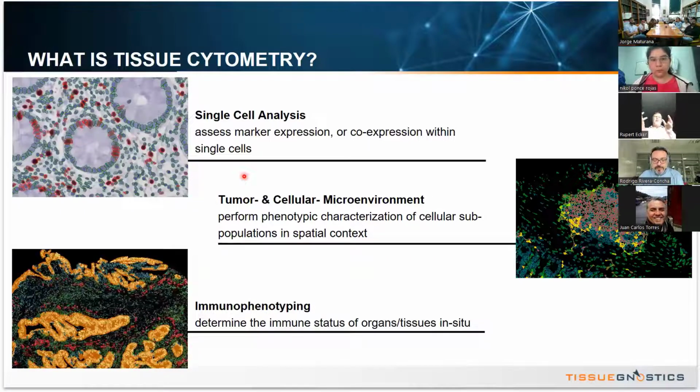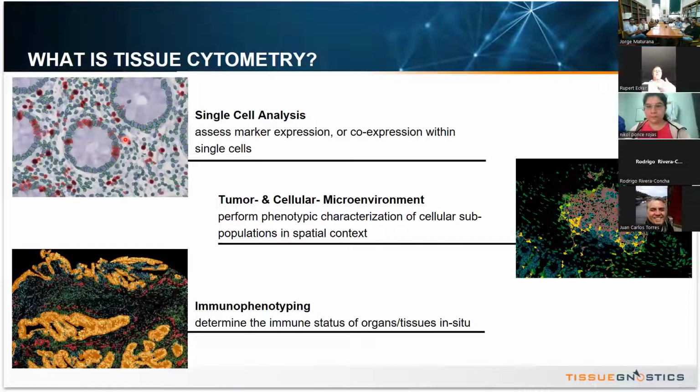Tissue cytometry brings the idea of flow cytometry to the slide, and in particular to the tissue section, where we automatically identify single cells and quantify how much staining is associated with each nucleus. This works in bright field immunohistochemistry as well as in immunofluorescence.